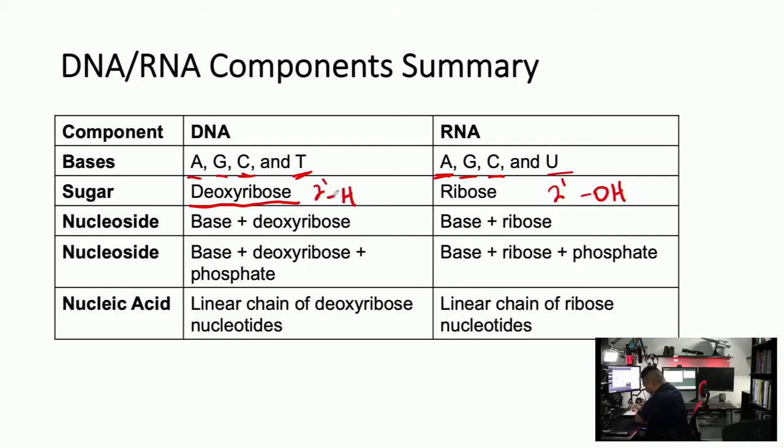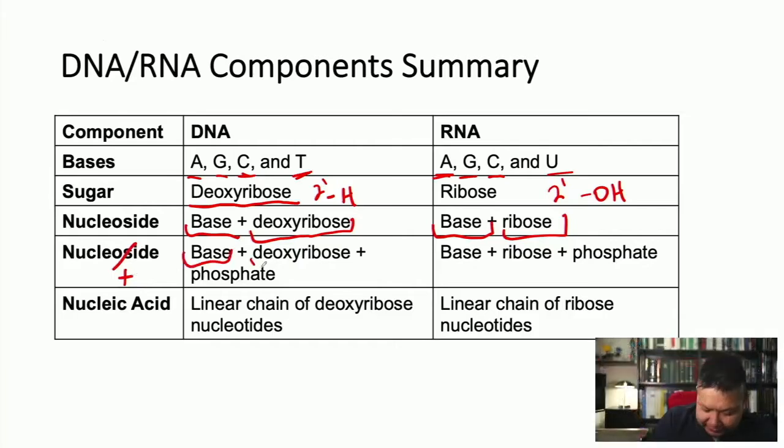Remember that the nucleoside in DNA is the base plus the sugar. Same thing with RNA. It's the base plus the sugar. And then the difference between a nucleoside and a, that's a typo. That should say nucleotide. Is that the nucleotide has a base, the sugar, and the phosphate attached, right?